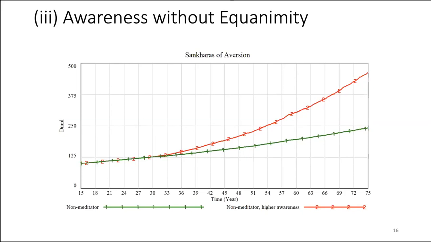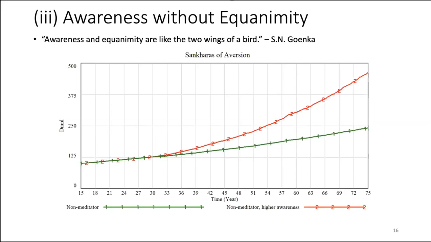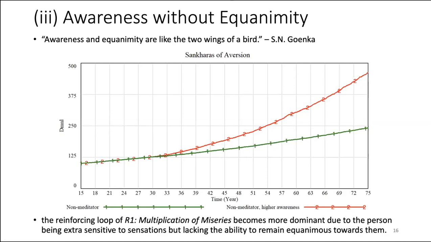And in this situation, the reinforcing loop can become dominant, and you might notice a much worse than normal development in the person's mental well-being. And that's why it is said that awareness and equanimity are like the two wings of a bird, and they need to be built up in parallel.